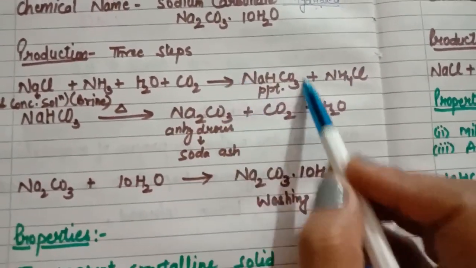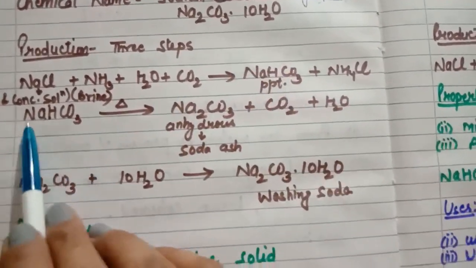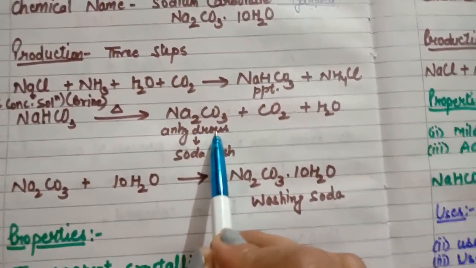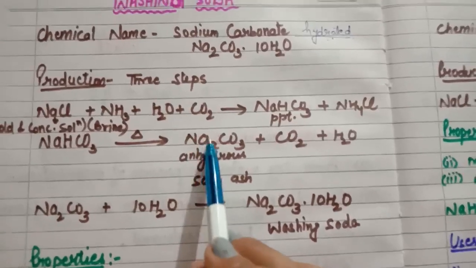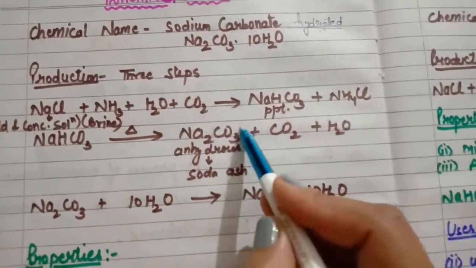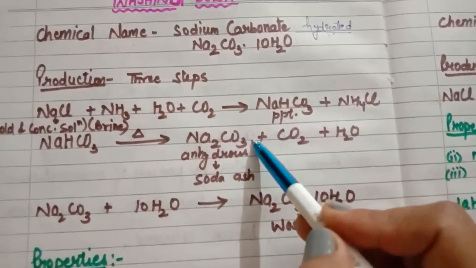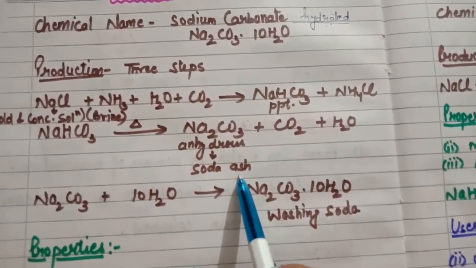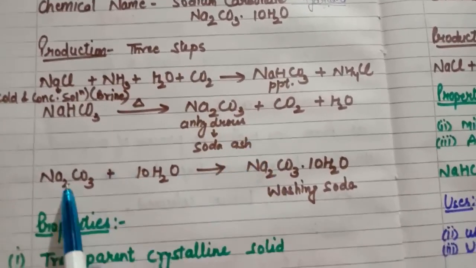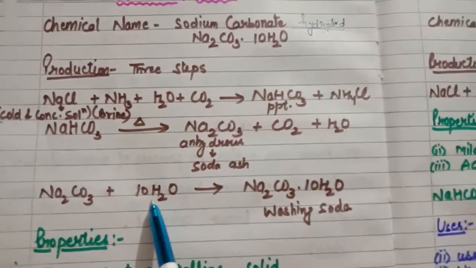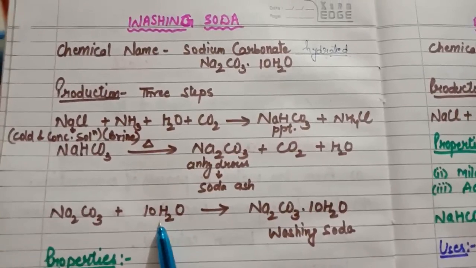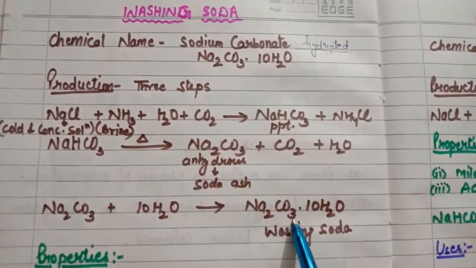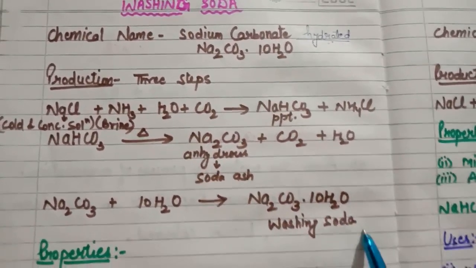Whenever NaHCO3 is heated for some time, it produces anhydrous sodium carbonate, Na2CO3. That means no molecules of water are there, so that is not washing soda. This is soda ash. And this soda ash is dissolved in water to absorb 10 molecules of water and crystallize to form Na2CO3.10H2O, that is washing soda.